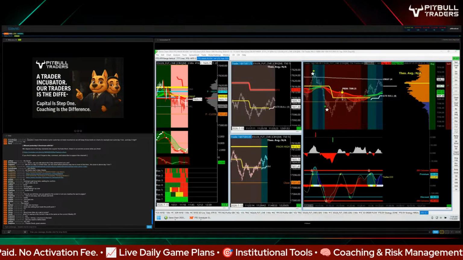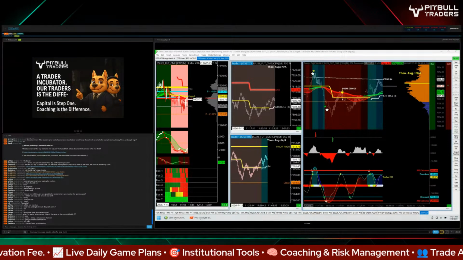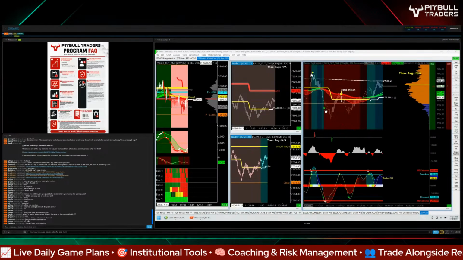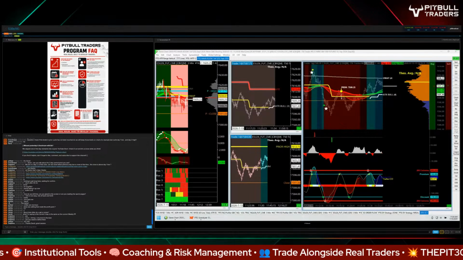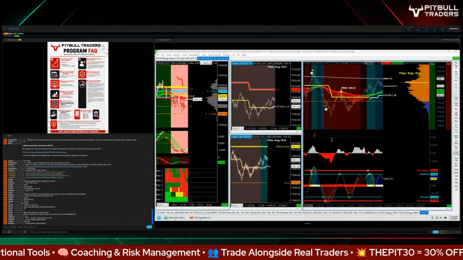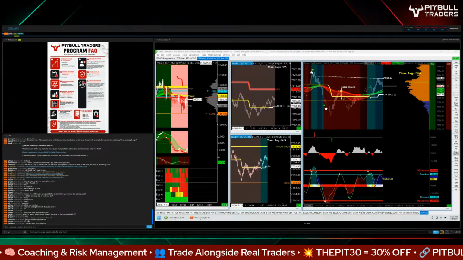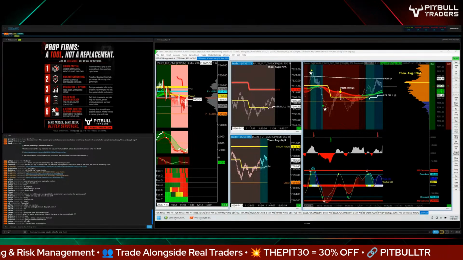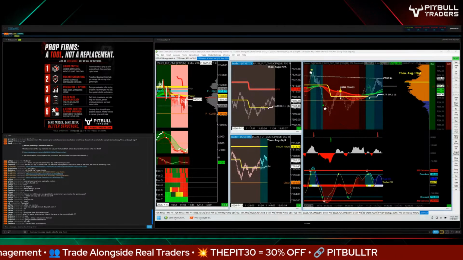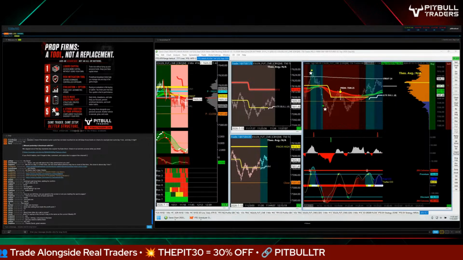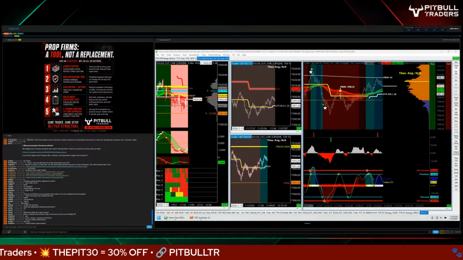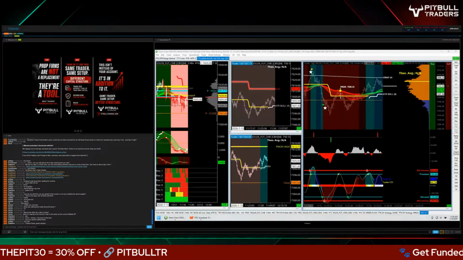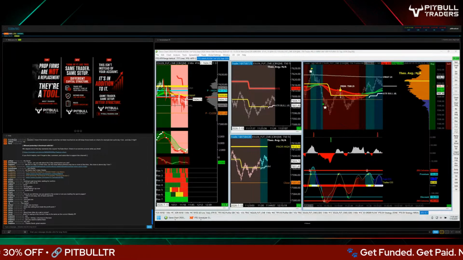I think part of the reason a lot of people may not want to take a funding program, and I'm being very honest here, is this: if they're trading their own money, do you have rules trading your own money, or do you have just loose rules? Do you really have a solidified strategy, or are you just trading off the hip?